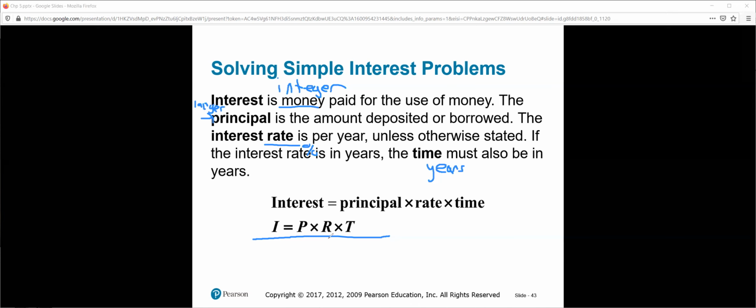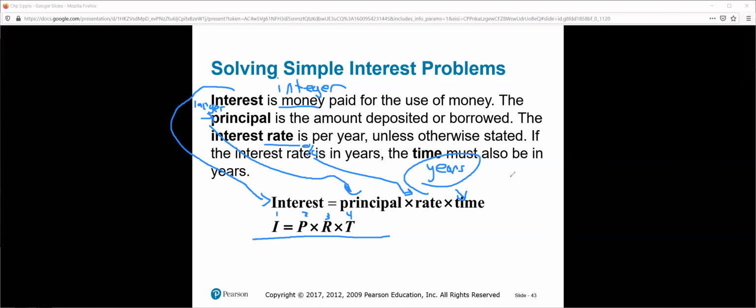So when we get to these questions, we have all 4 of these variables, but we realize what they're going to look like beforehand. If we see a number that ends in years, we know that is a time. If we see a percentage, we know that is a rate. If we see a big number, that's probably a principal. If we see a small number, that's probably an interest, right?